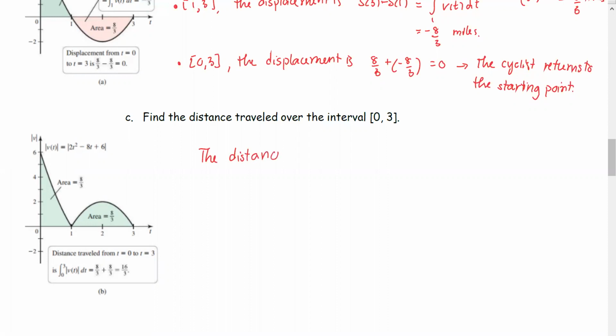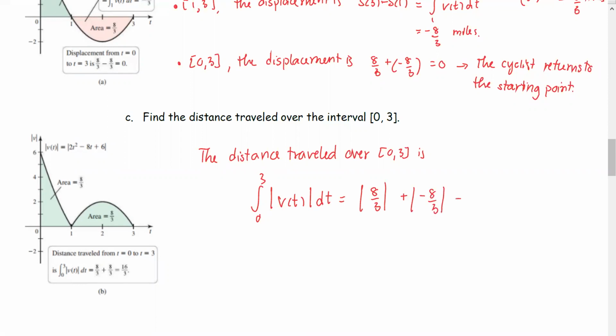So the distance traveled over 0, 3 is the integral from 0 to 3 of the absolute value of v(t), disregarding the direction, or the absolute value of 8 over 3 plus the absolute value of negative 8 over 3. That gives us 16 over 3 miles.